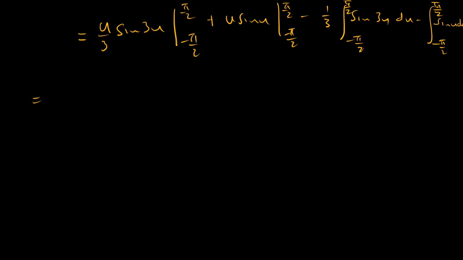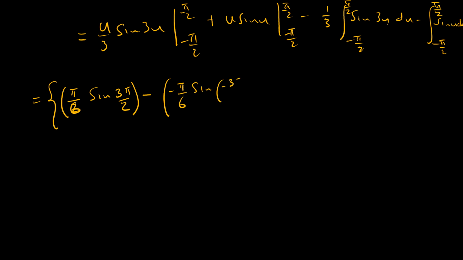So this becomes pi over 2 divided by 3, which is pi over 6, sine 3 pi over 2, minus negative pi over 6 and then sine of negative 3 pi over 2.